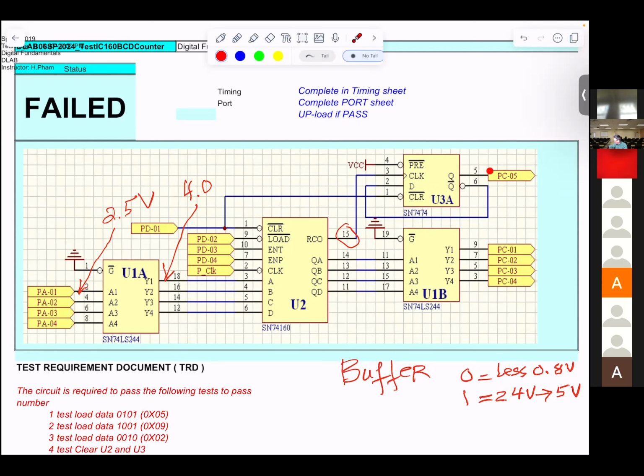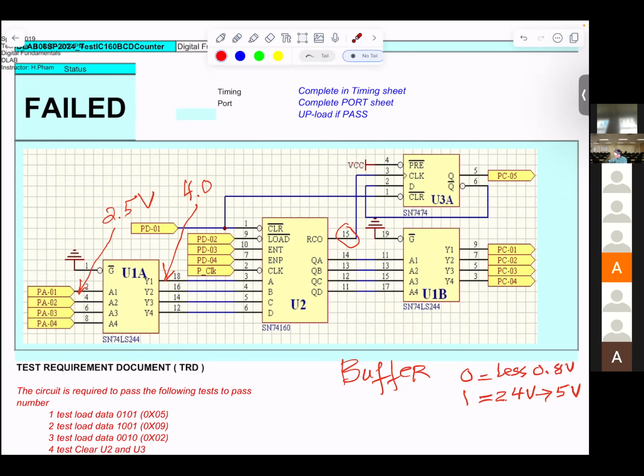That means if 0, now they go to 1. Or if 1, now they go to 0. Remember that. Toggle means when they get the clock, it was 0, now it goes to 1. It was 1, now it goes to 0.